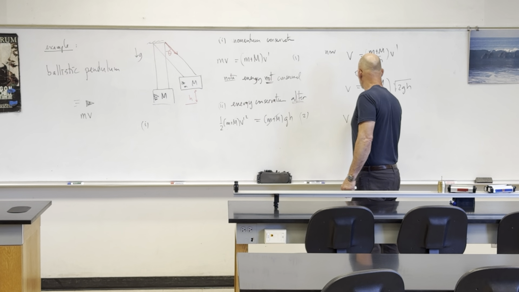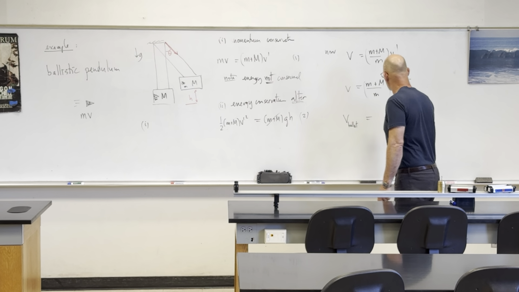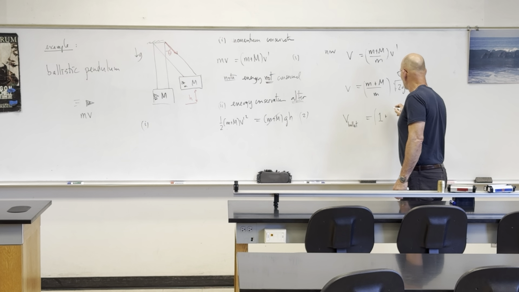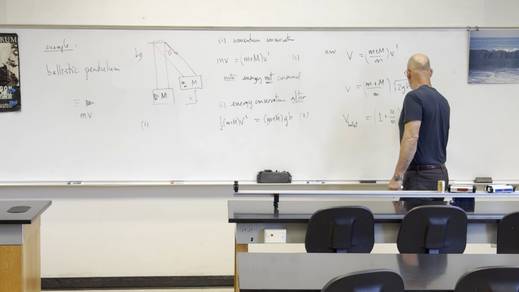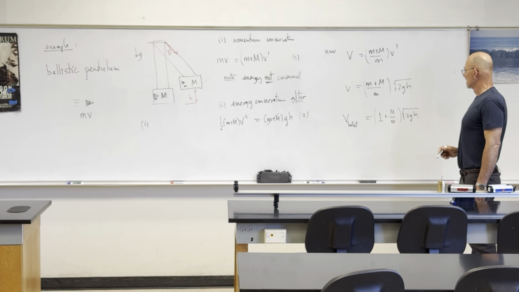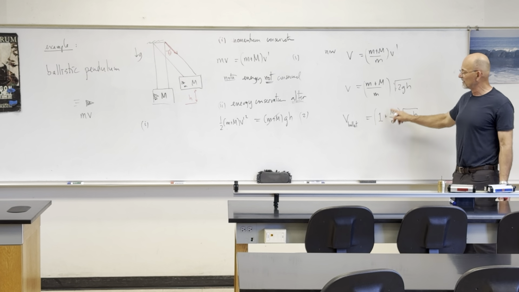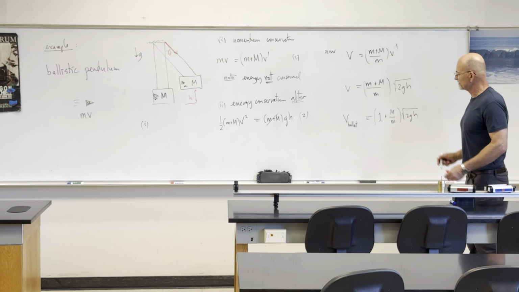So that's the speed of our bullet: 1 plus capital M divided by lowercase m, times root 2gh. This, of course, outweighs the 1 by quite a bit. It's the exact expression there.